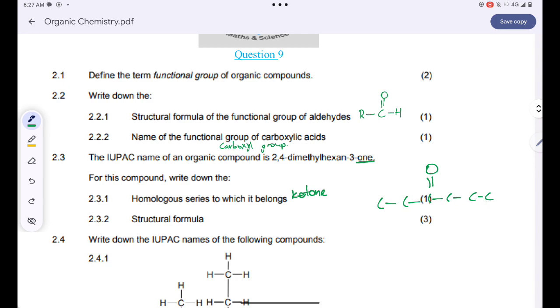Okay, the double bond O is in carbon number 3. And then I'll obviously have my hydrogens. Definitely have my hydrogens.